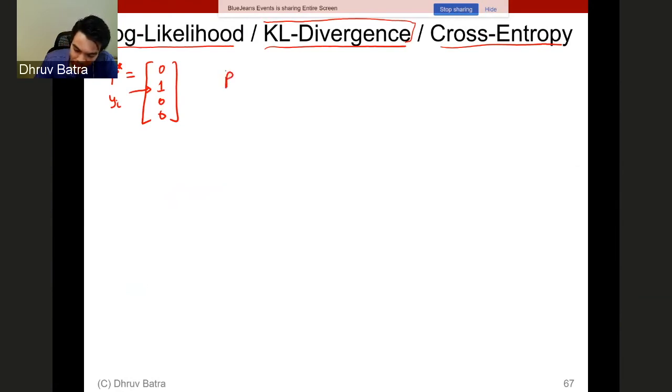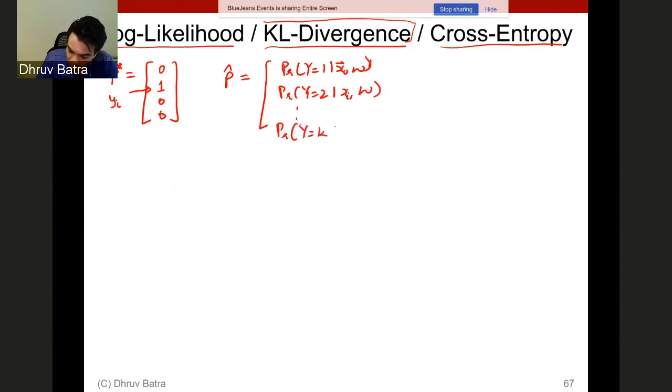And I'm going to write p hat as the predicted distribution that our model is producing. I'm going to take from our model the probability of y equals 1 given xi, comma w, probability of y equals 2 given xi, comma w, and probability of the last class given xi, comma w.